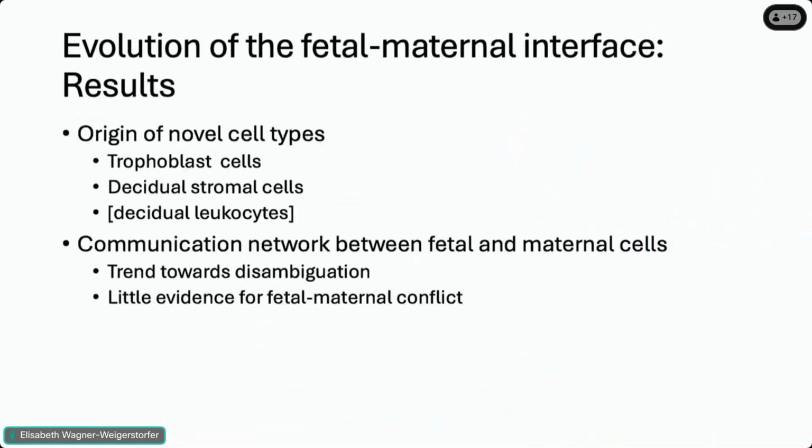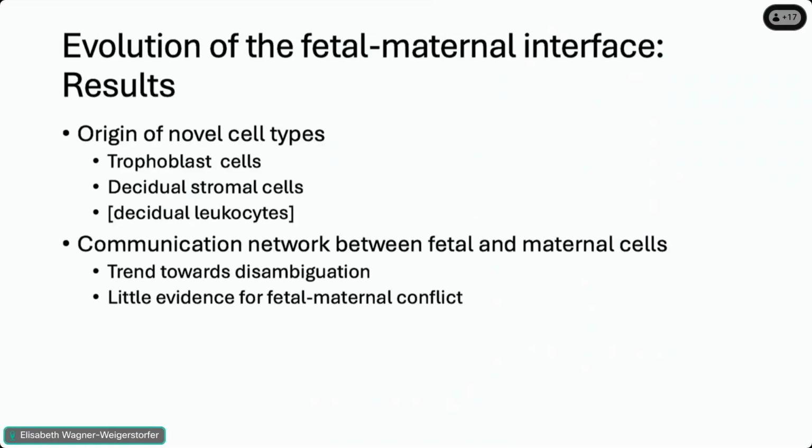Okay, so now I'm coming to the actual talk. That was the preliminaries, for those who are not thinking about fetal-maternal interfaces all the time. I want to talk about two areas. The one is the origin of novel cell types: from the embryo, the trophoblast cells, and the decidual cells on the maternal side. And then I want to talk about communication network evolution between fetus and the mother.